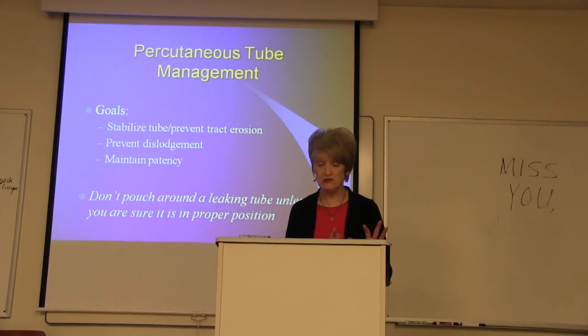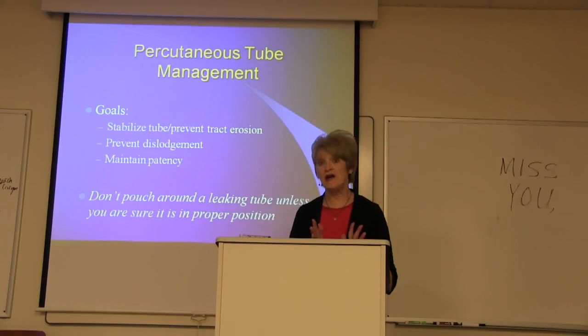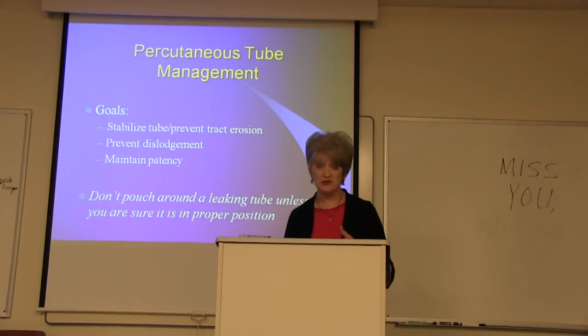With biliary tubes and nephrostomy tubes, you want to make sure the tube has not slipped out of position, because most of the time, if the tube is in position, it doesn't leak. So if you're having a lot of leakage around a biliary or nephrostomy tube, most of the time you want special procedures, interventional radiology, or whoever put that tube in, to double check the patient and verify that the tube is in position before you start pouching.